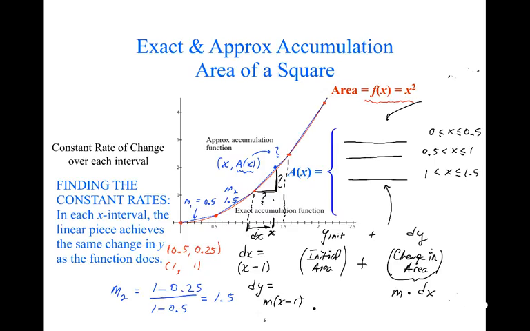What is the value of m in this interval? Was this 2.5? So the same way we did the other ones, take change in y from here to here. The change in y over the change in x was 2.5. So that is our slope, the rate of change in the third interval. And then what is the initial area in that interval?